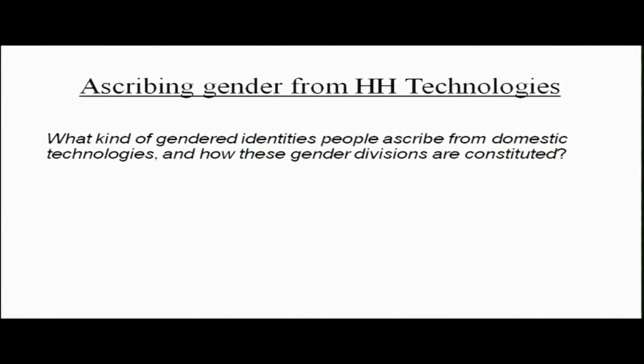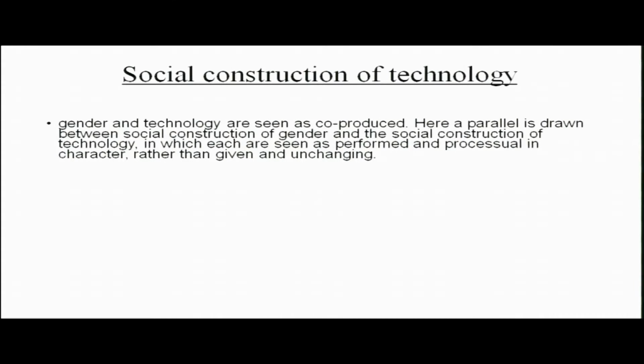So the next question that we can look at is, what kind of gendered identities people ascribe from domestic technologies, and how these gender divisions are constituted. Are gendered identities people ascribe from domestic technologies significant, and how are these constituted?